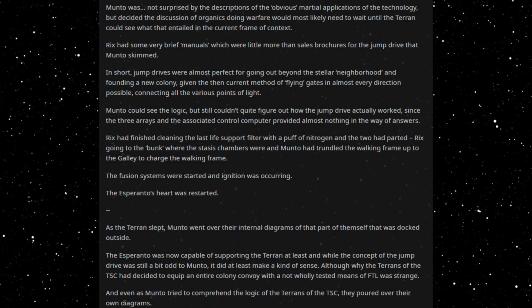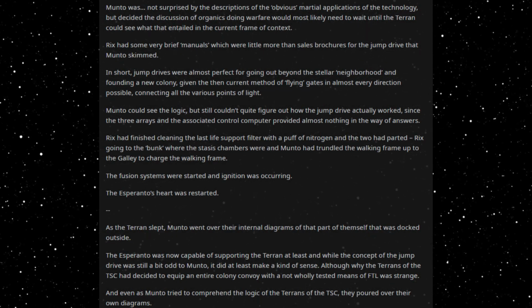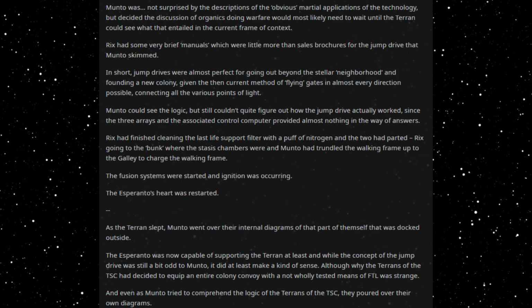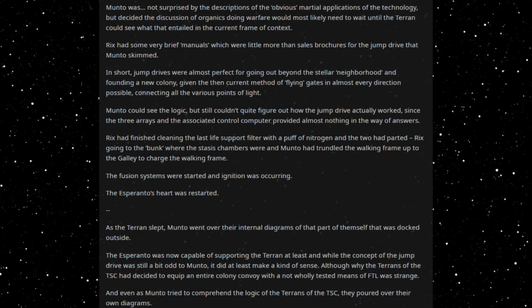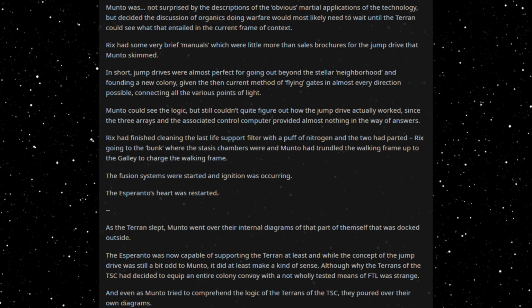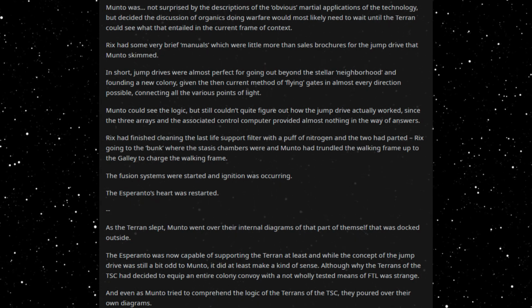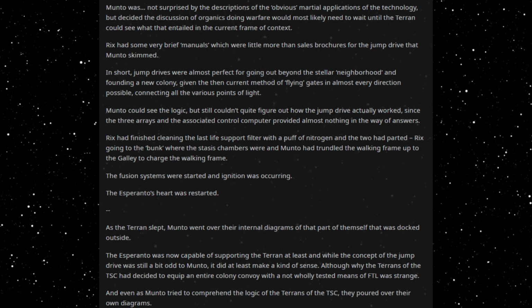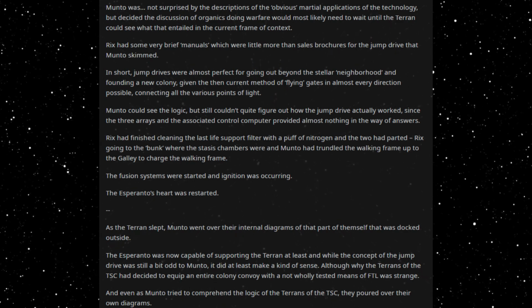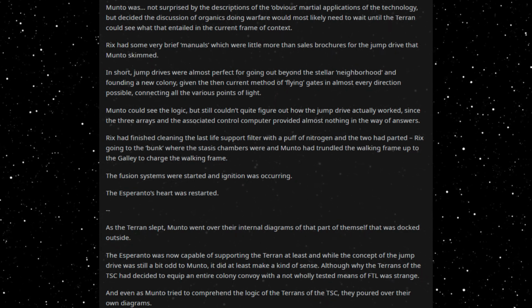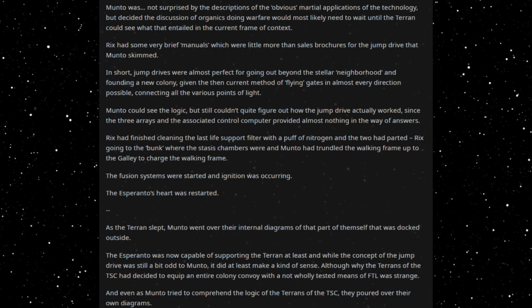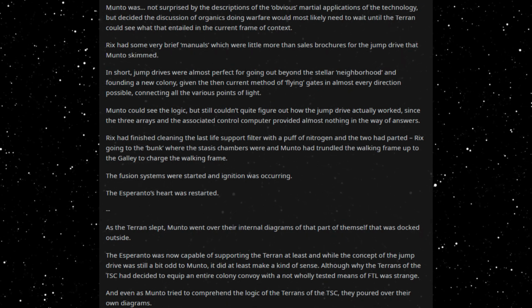Munto was not surprised by the descriptions of the obvious martial applications of the technology, but decided the discussion of organics during warfare would most likely need to wait until the Terran could see what that entailed in the current frame of context. Rix had some very brief manuals, which were little more than sales brochures for the jump drive that Munto skimmed.